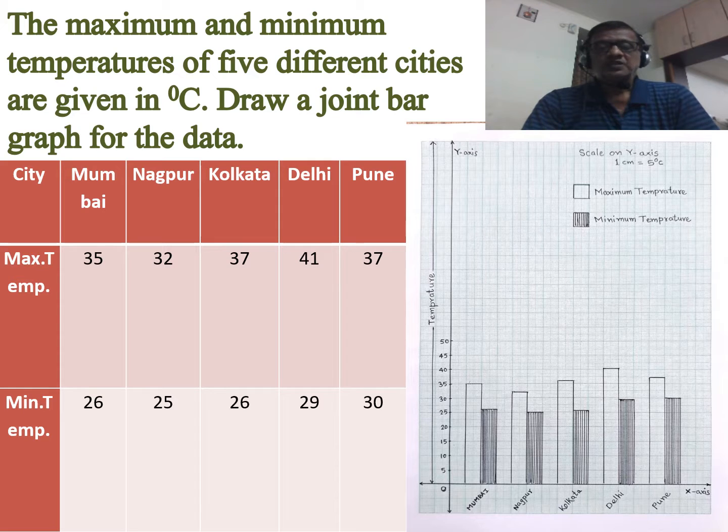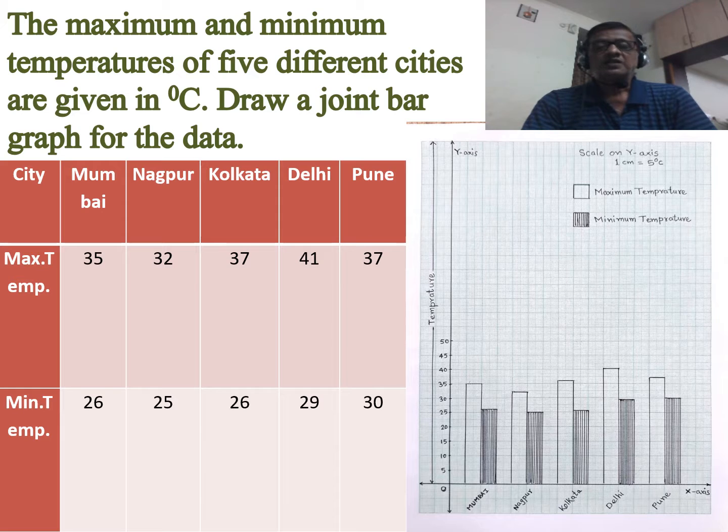There is no distance between the columns drawn for Mumbai. Now in this type of graph, you must show the difference between the columns. See at the right top, the blank column is for maximum temperature and the designed column is for minimum temperature.